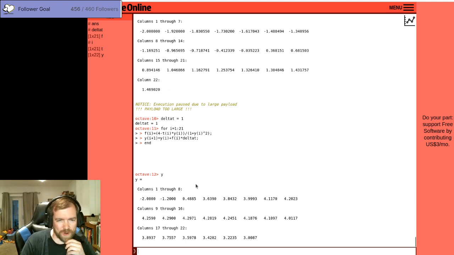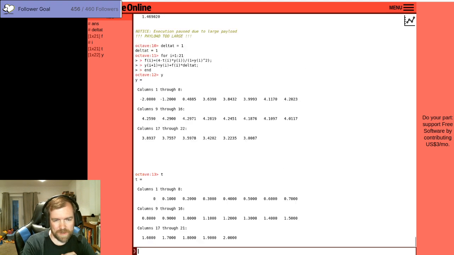If we were to graph this, what are the t values? I suppose we should get that. Oh no, I messed up, because t is not that anymore. Let's see, 1 to 5.